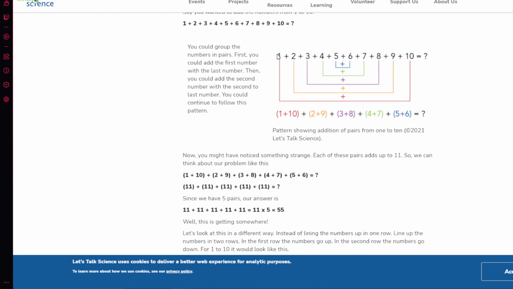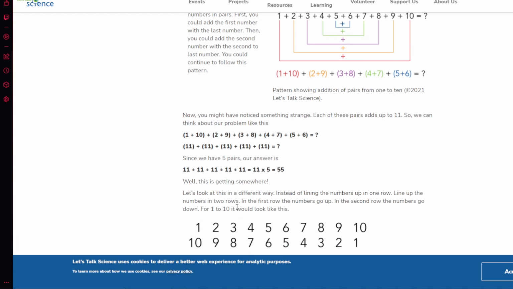If you look at this, the result is always going to be the same, adding the first and last number together. So 1 plus 10, 2 plus 9, all of these equal 11, no matter how you look at it. So if you add 11 to itself 5 times, you get 55. However, this is not the simplest way to write this.